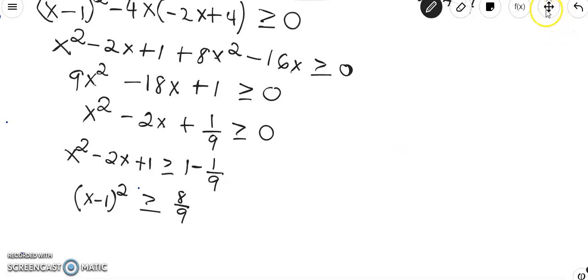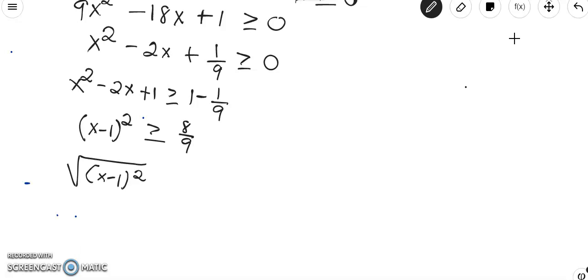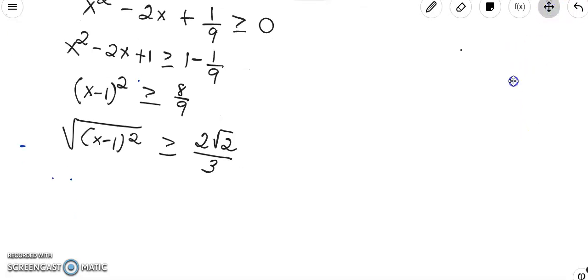So, get the square root of both sides. So, magiging square root of x minus 1 square is greater than or equal to square root ng 8 ay 2 multiply by square root of 2, square root of 9 is 3.